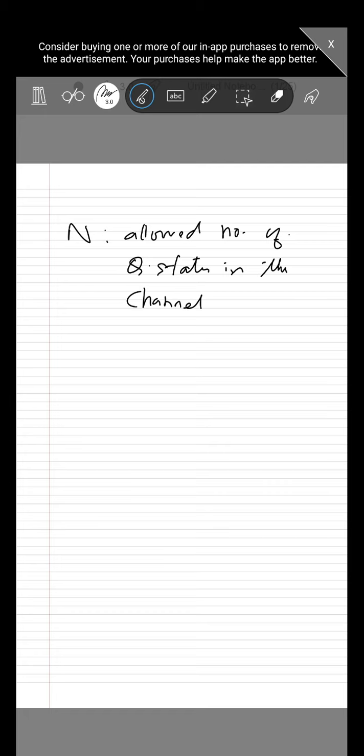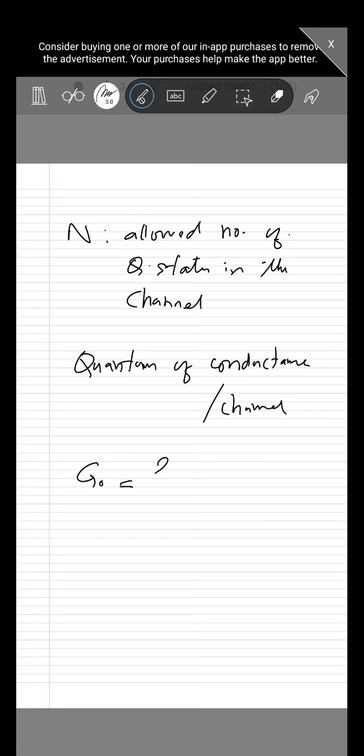So by putting all these values, we get the quantum of conductance per channel, G0, which is nothing but 1 by R_L, the inverse of the Landauer resistance, and it is equal to 77.5 microsiemens.